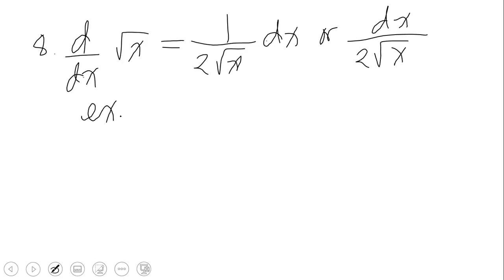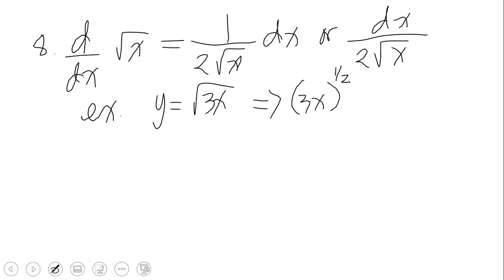Okay, example. So you also have example natin, which is y equal to square root of 3x. So meaning we can raise this in terms of the power rule, no? So you also have 3x raised to 1/2. So ibig sabihin, yung power mo is represented by 1/2. So therefore, we need to take the differentiation process y prime, which is 1/2. Copy na lang natin yung power, which is 1/2.